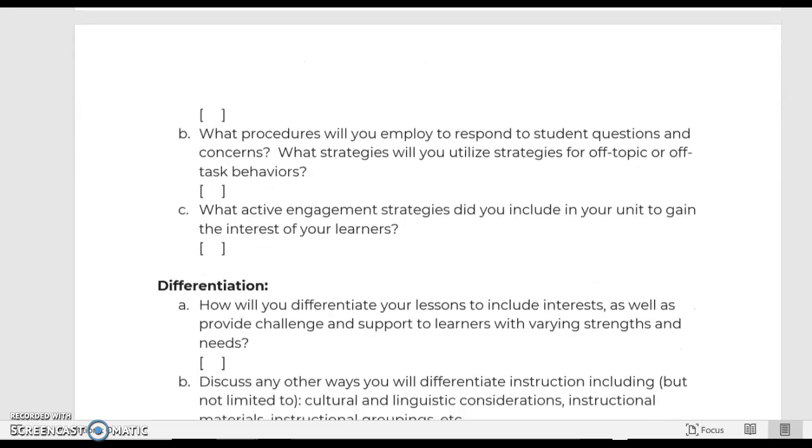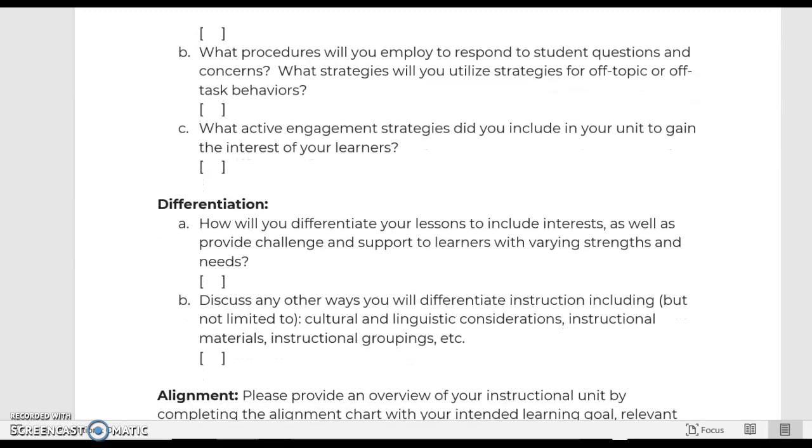For indicator B, it's asking for what procedures you are employing to respond to student questions and concerns, and what strategies are you utilizing for off-topic or off-task behaviors. So when you are in the moment of teaching and a student has a question or a concern, are there any sort of procedures that you employ? For instance, do you maybe not take any questions until the we do part?